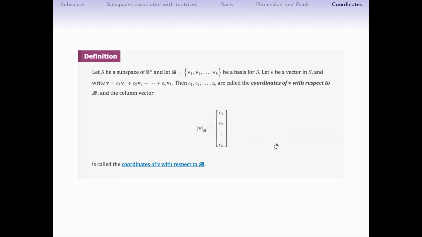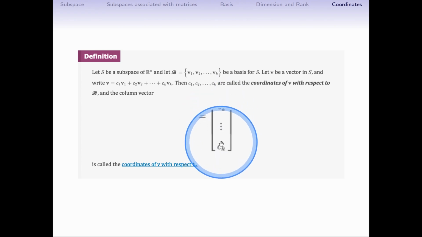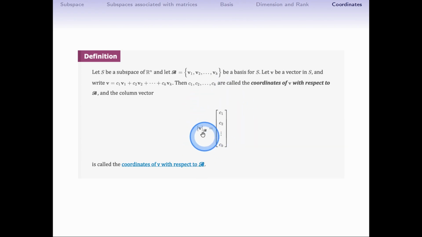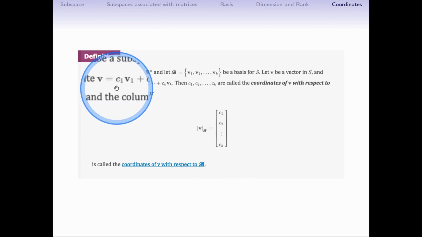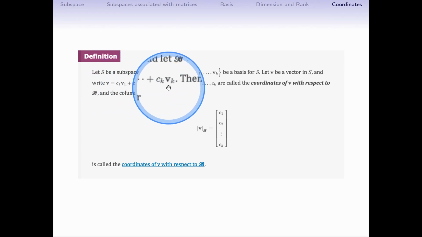On the other hand, if you know the basis B and you have this column of scalars, it's very easy to recover the vector v by simply forming the linear combination, taking those scalars c1 through ck and combining them with the vectors v1 through vk.